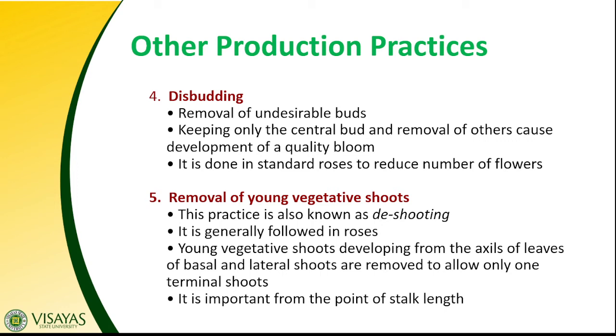The number five is removal of young vegetative shoots. This practice is also known as de-shooting, and this is generally followed in roses. Young vegetative shoots developing from axils of leaves of basal and lateral shoots are removed to allow only one terminal shoot. And this is important from the point of stalk length.